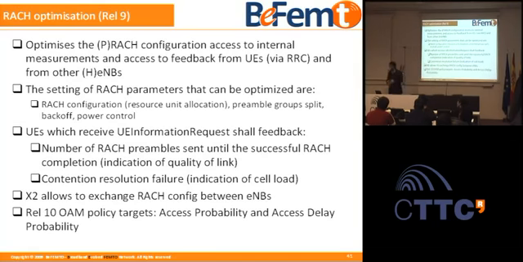Also, the radio access channel is essentially configured using some parameters in the downlink. So the base station is sending some parameters in the downlink on how your UE should behave.